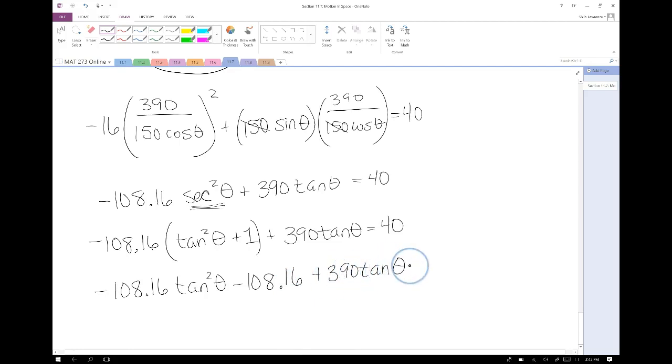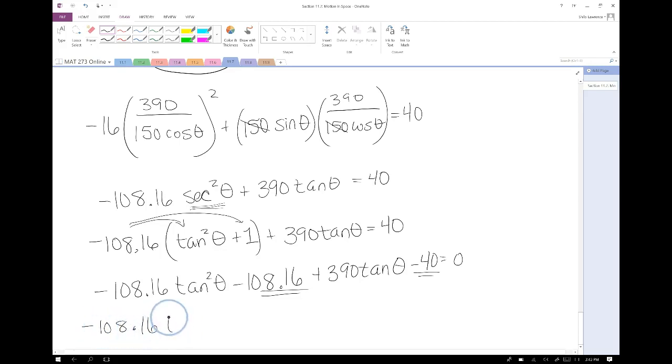And anytime we solve a quadratic equation, we want it set equal to 0. So I'm going to take that 40 that's on the right-hand side and subtract it over to the left-hand side. I distributed, and now I've got some like terms I can combine to clean this up a little bit.